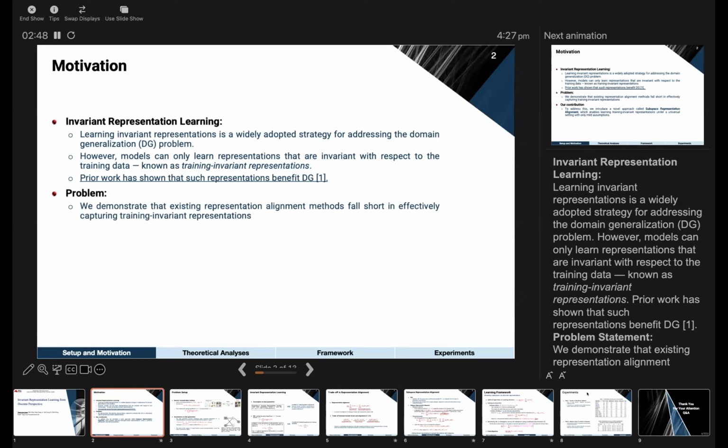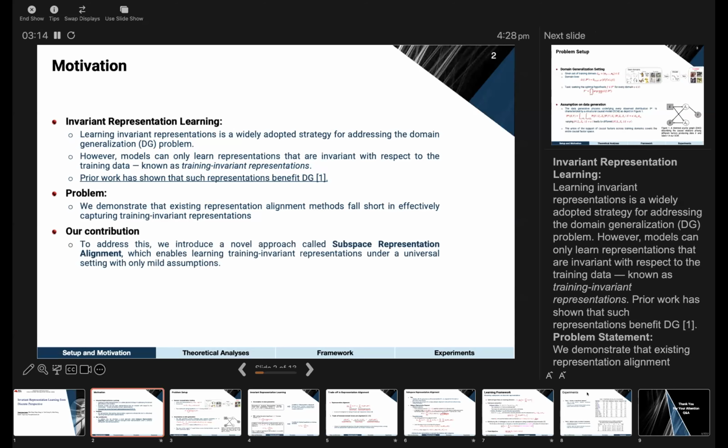But the problem we want to solve here is that the invariant representation is usually learned by representation alignment methods. But in our analysis we will show that this method fails to capture the truly training-invariant feature.